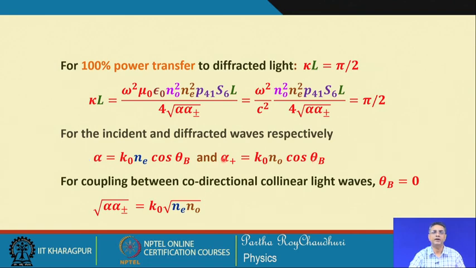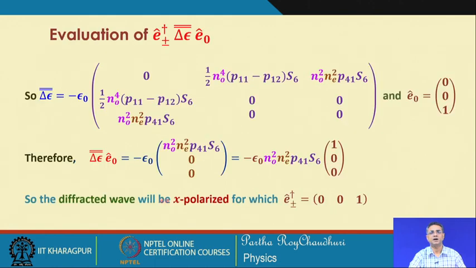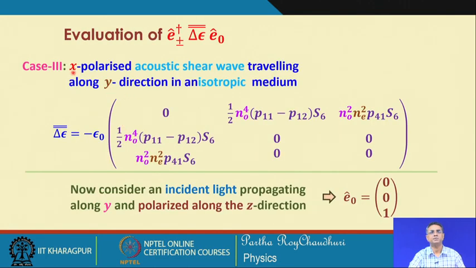So these are now well defined, and for coupling between two co-directional collinear waves, delta theta b is... this is the case where you get the large Bragg angle diffraction, because your X-polarized acoustic wave is travelling along the y direction and your light is also propagating along the y direction. So this is a case which corresponds to a large Bragg angle diffraction.